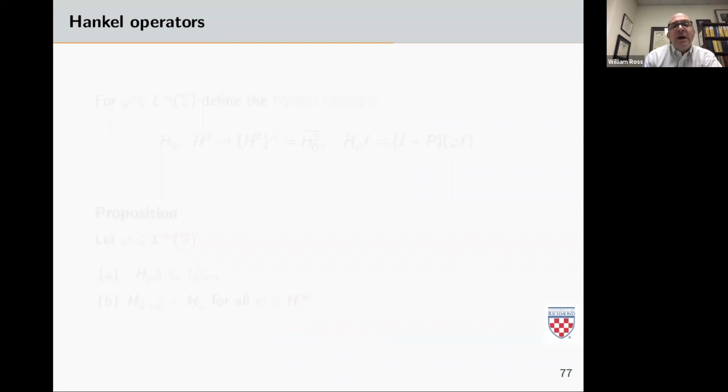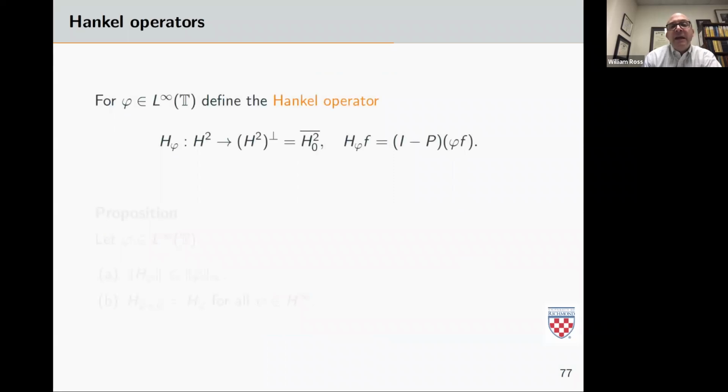All right, so I think we're all set to define a Hankel operator. A Hankel operator is going to depend on a symbol. So for an essentially bounded function phi on the circle, I'm going to define the Hankel operator. Now this is a little bit different from what we've talked about so far. Hankel operators go between different spaces.